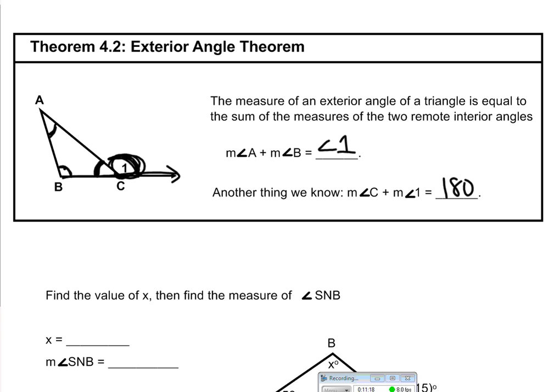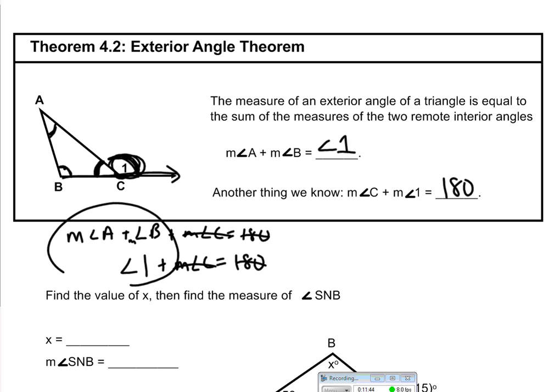Well, shouldn't it make sense that if angle A plus angle B plus the measure of angle C has to add up to 180, then angle 1 plus the measure of angle C also has to add up to 180 by the fact that they're a linear pair? Well, what's in common here? C is in common. So these two have got to be equal to each other.